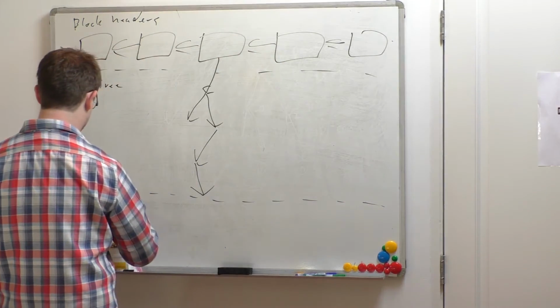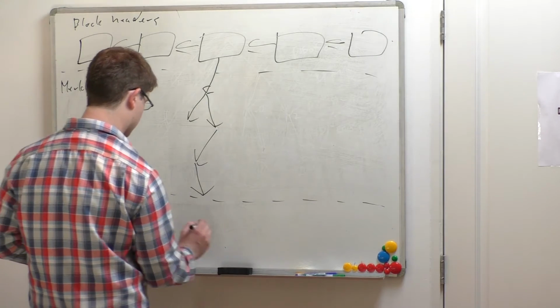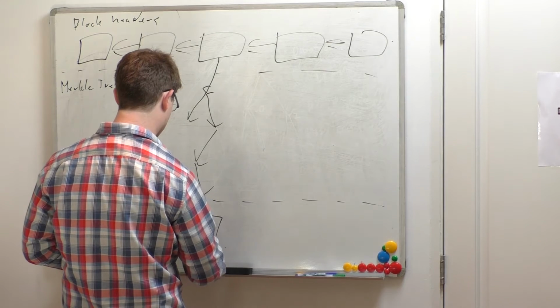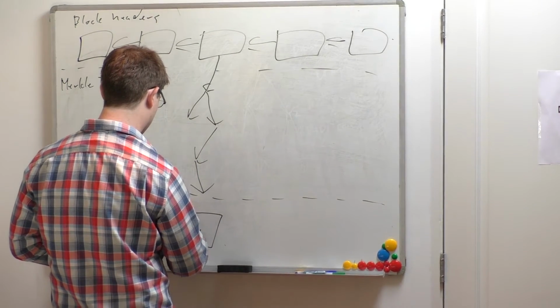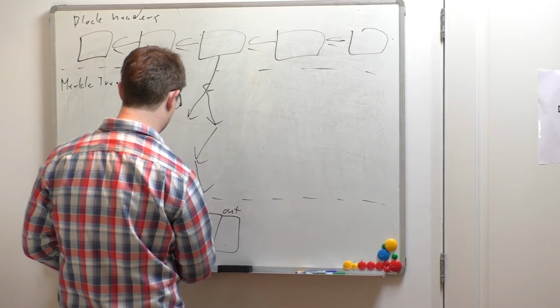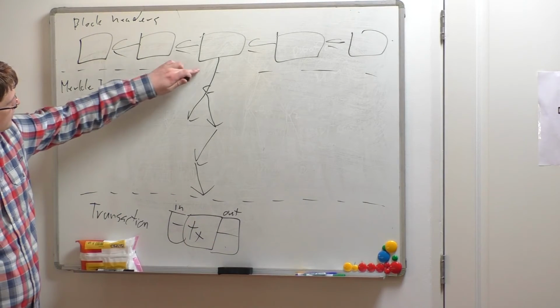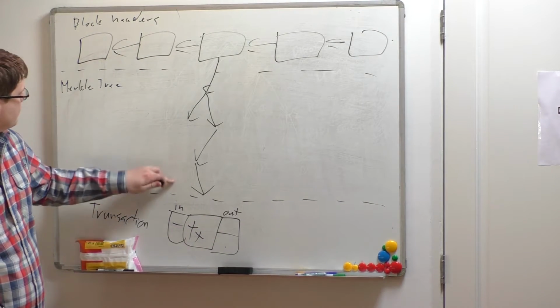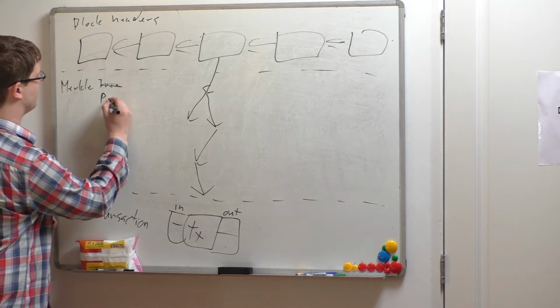Finally, a transaction. So it's got inputs, it's got outputs, and we have parts of the Merkle tree. This isn't really the tree, it's rather half.